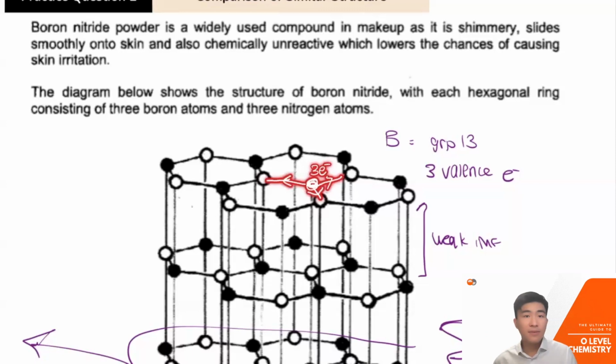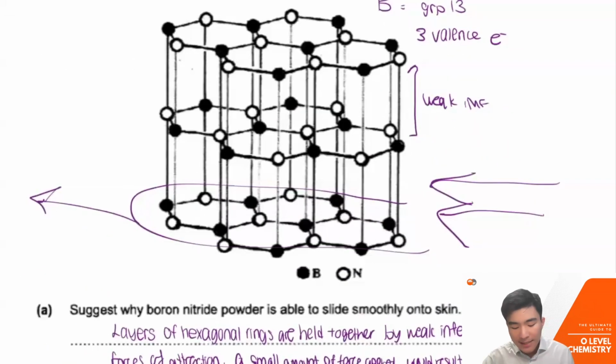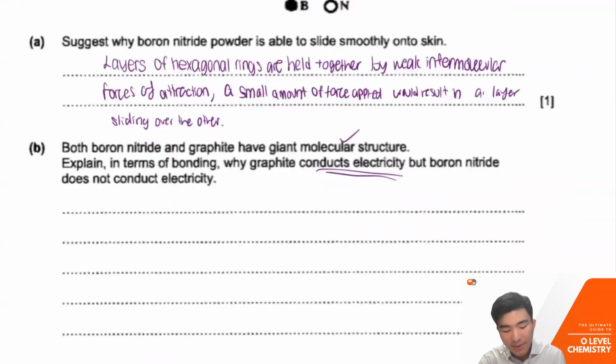When they form these 3 covalent bonds, all of the atoms in boron are participating in bonding. They are no longer available to conduct electricity. All are used up in terms of bonding.